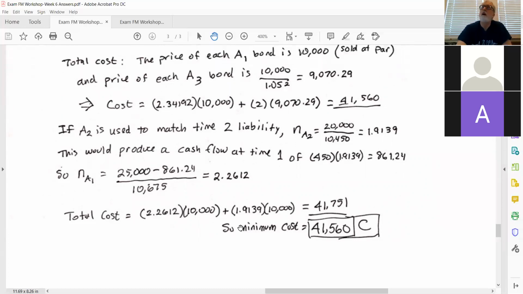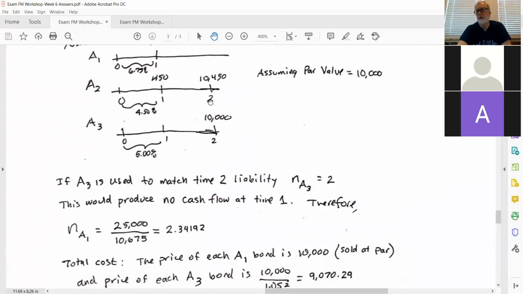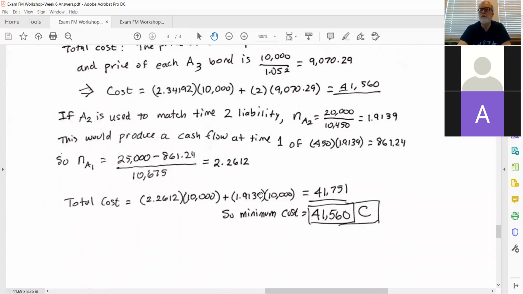Now, you might be asking, it didn't say you could only use one of these. What if you wanted to use both of these? Well, you can see from this that if you use a combination of the two, you're going to get a number somewhere between 41,560 and 41,751, because this is 100% and 100%.